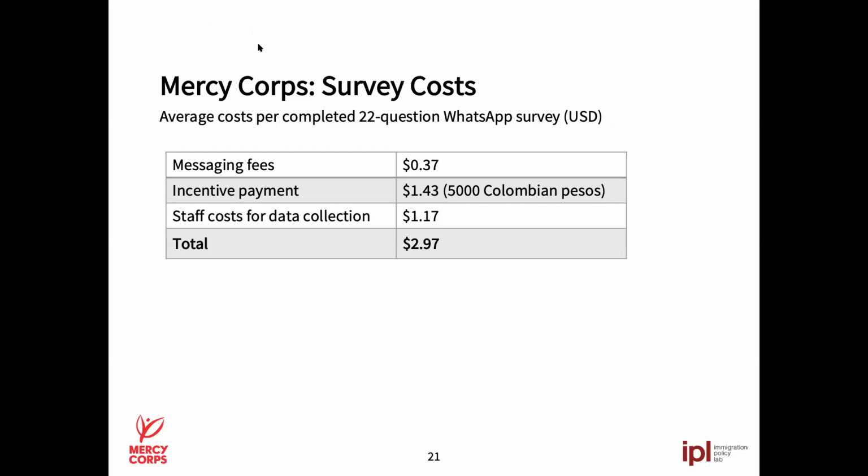At the same time, though this was a great experience and overall, I would say a success, there were some initial challenges that we have to think about. One of those that I alluded to already was the challenge of confirming identity. That tends to be a problem in situations where households are likely to share a phone number, which was the case amongst the Venezuelan population that we were interviewing.